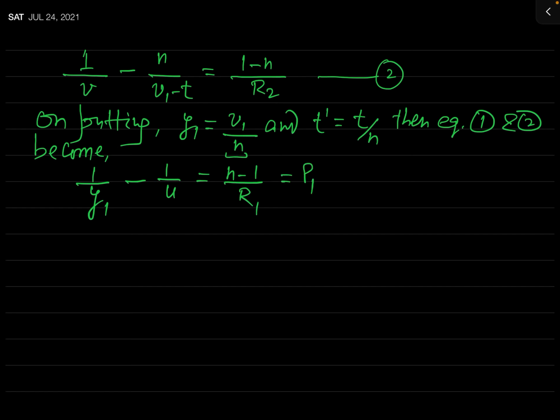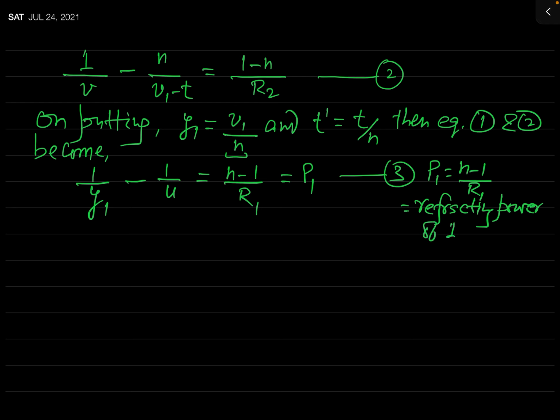We denote it by the symbol p1, and actually this p1 is the refracting power of the first surface. And say this is your equation 3. So here p1, which I have written instead of N minus 1 over r1, is the refracting power of the first surface.